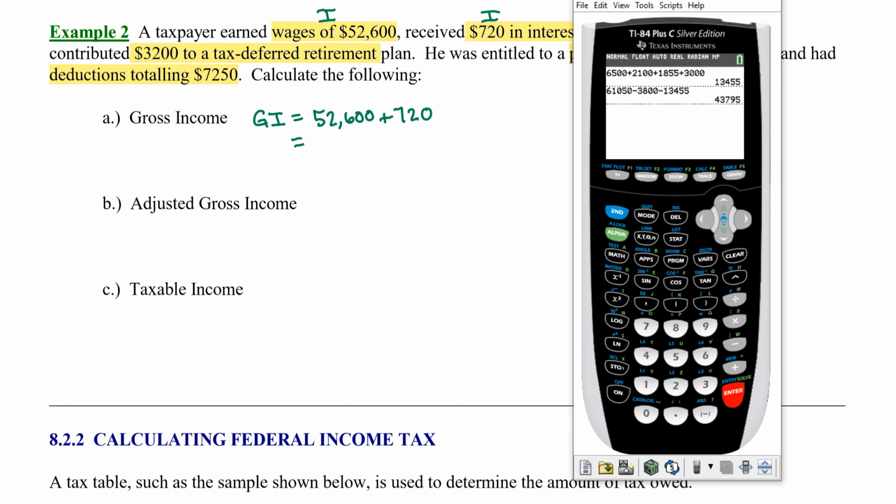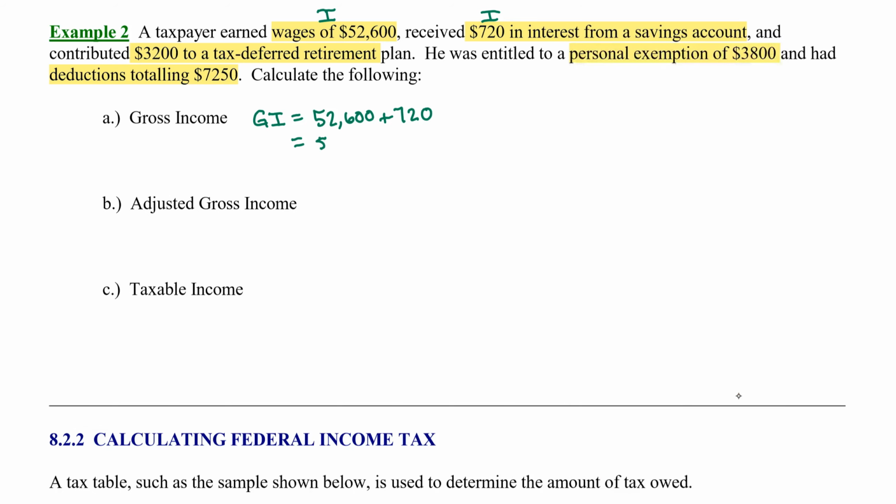So let's add those together to get his gross income. $52,600 plus his $720 from his savings account, $53,320. So his total income for the year is $53,320.